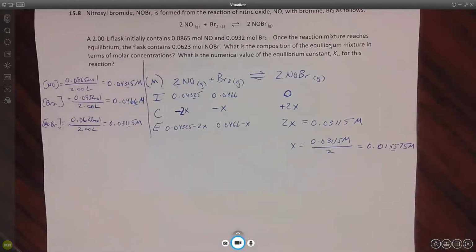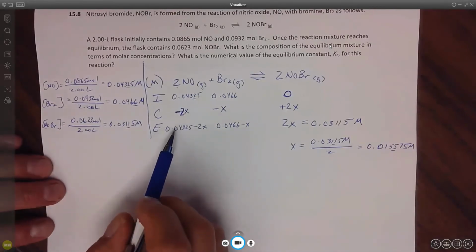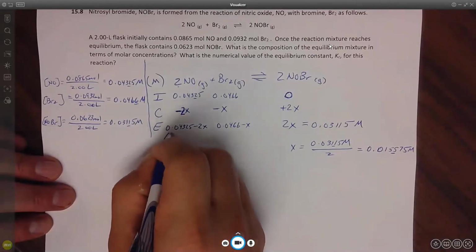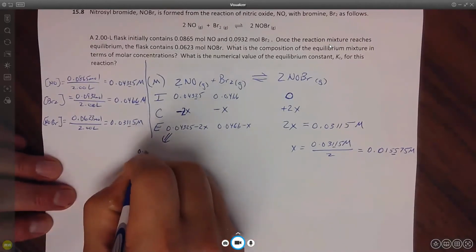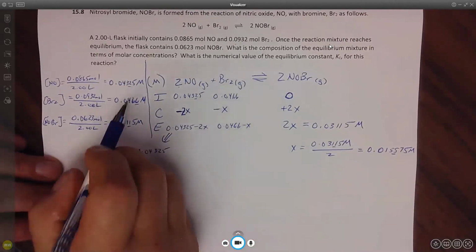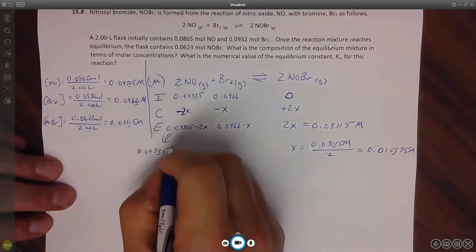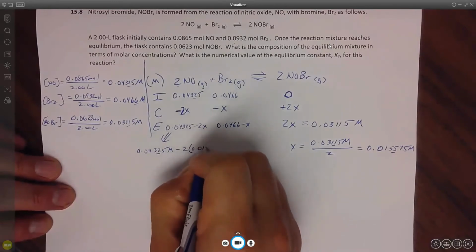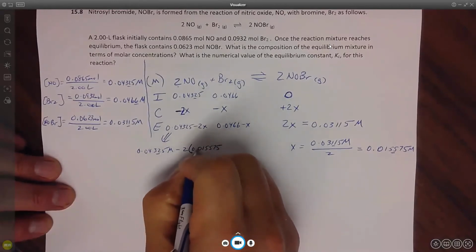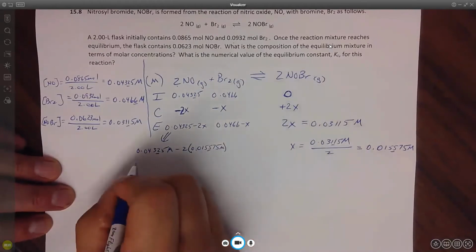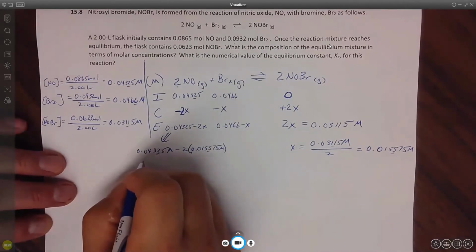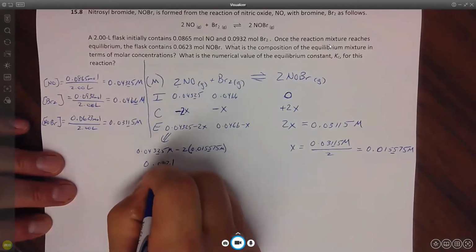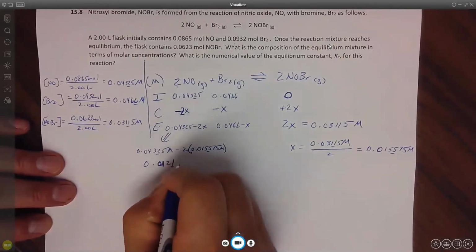So that's X. So then the equilibrium concentration of NO is going to be 0.04325 molar minus 2 times the 0.015575 molar. And that would give us a value of 0.0121 molar.